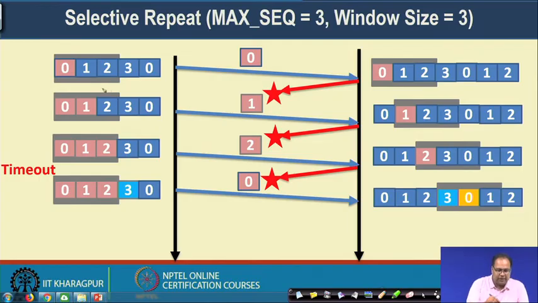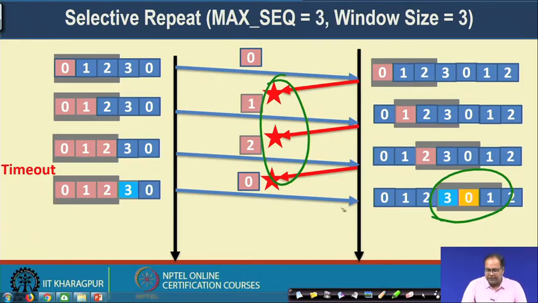If my window size is 3, then the sender sends all the frames 0, 1 and 2, and then similar to the earlier case, all the acknowledgements are lost. Now, the receiver has received frames 0, 1 and 2. So, now the receiver is expecting frames 3, 0 and 1, and the sender gets a timeout. Once the sender gets a timeout, the sender starts sending frame 0.